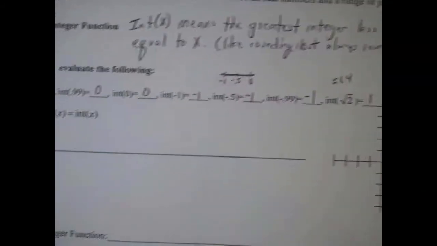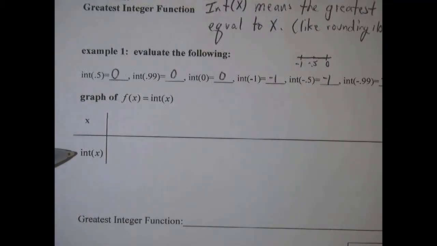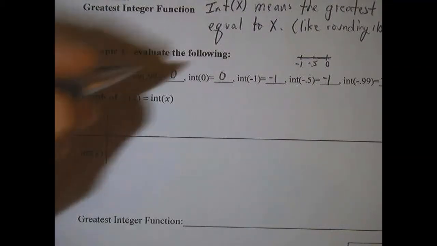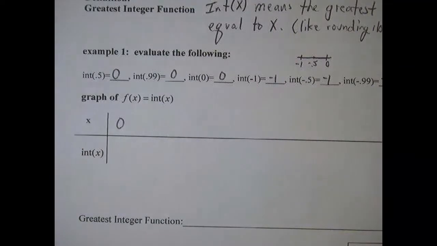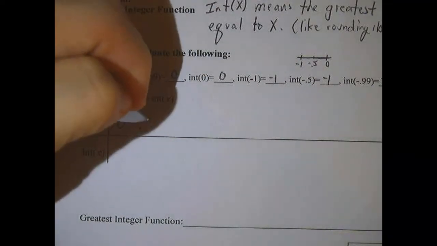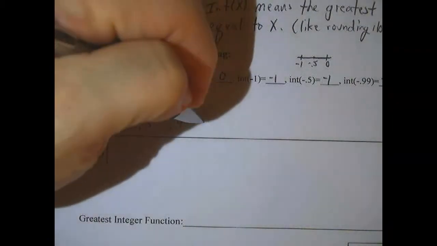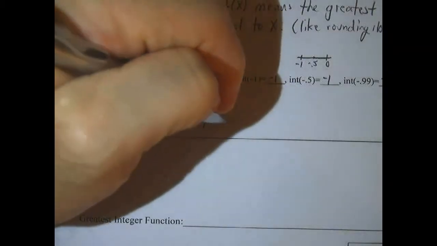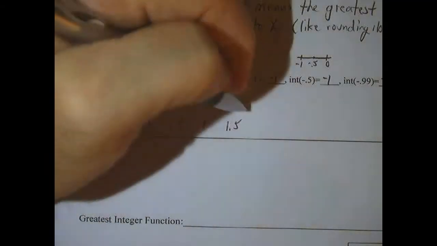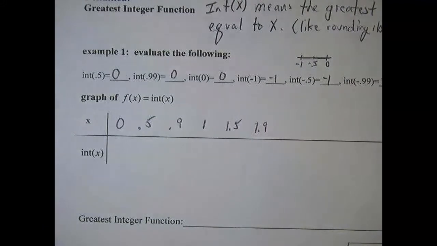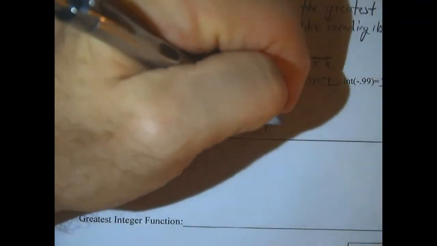All right, let's make a little t-chart with x and the greatest integer of x. This is just a sideways t-chart, and I'll put in the x values, and then I'm going to give you a minute to put in some y values. So 0.5, 0.9, yes, some of these might duplicate what we have up above. 1, 1.5, 1.9, 2, negative 1.